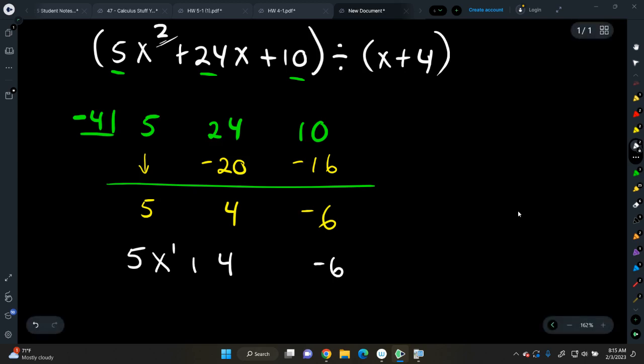And then the next one does not have an x, so that's just +4, and then plus -6 as the remainder. Okay, is that familiar? That's what we did last night for homework, and that's what we did on our quiz. Anybody have a question on that?